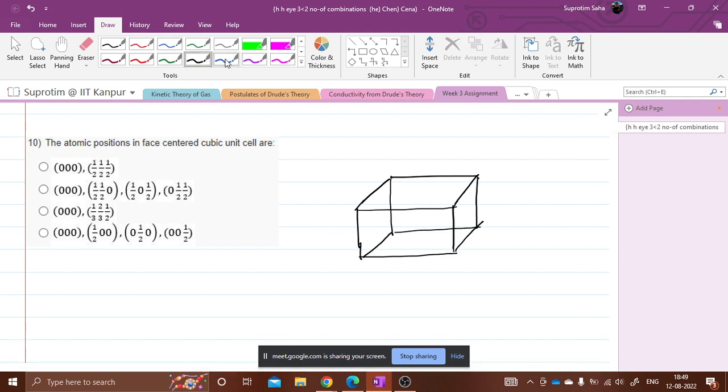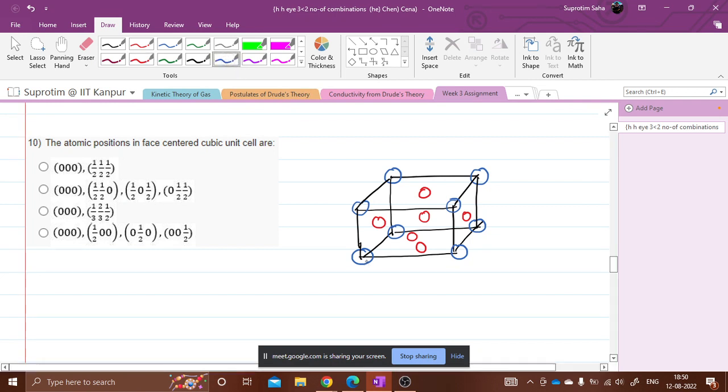Now you have the atoms over here, as we already saw in the last class. These are all the same atoms, but just to differentiate, I am putting the atoms on the faces as this, this, this, this.